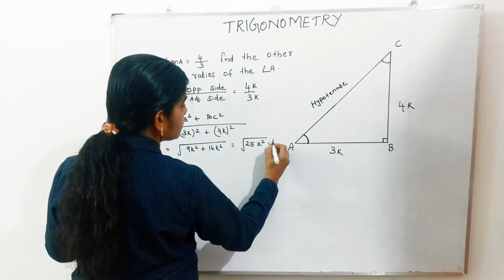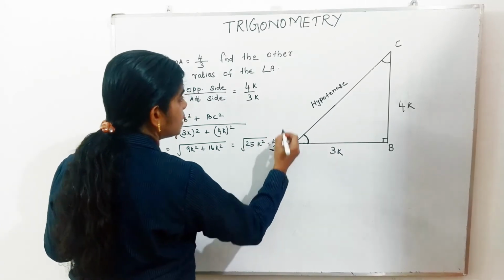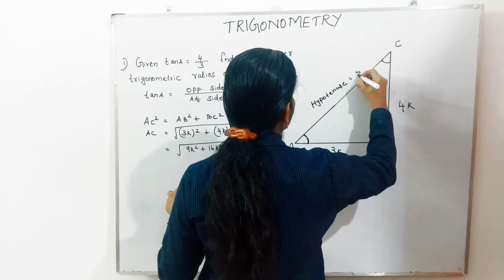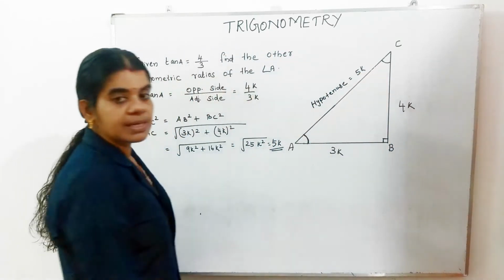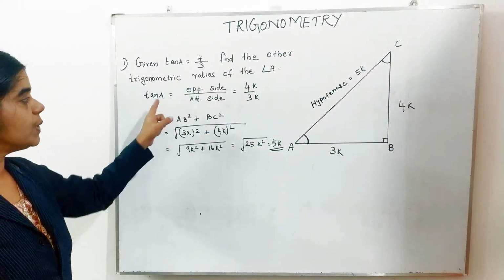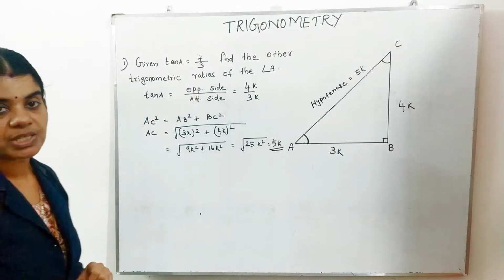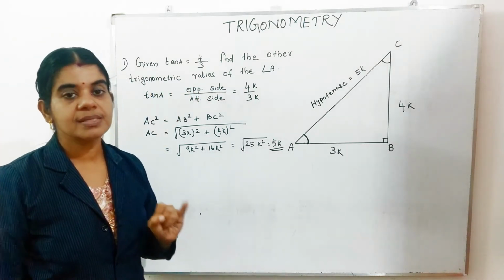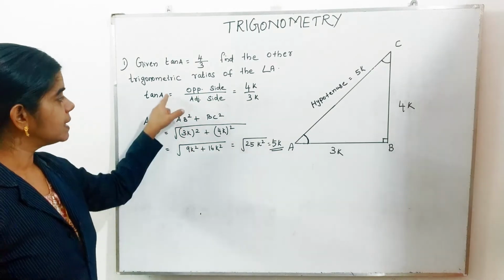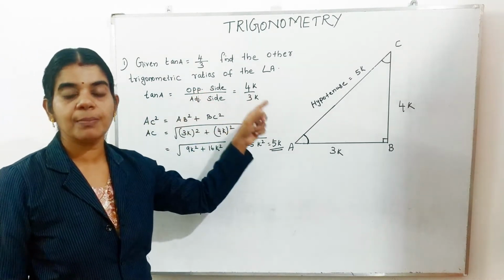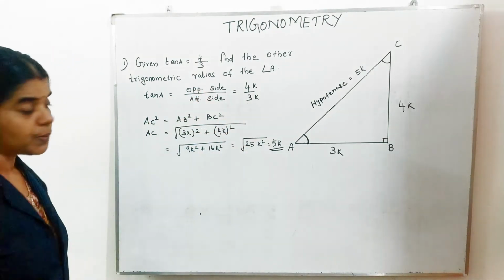Its root will be 5k. So the hypotenuse is equal to 5k. Then you got all three sides' measurements. Now you can write all the other trigonometric ratios. You already know that there are 6 trigonometric ratios. Tan A is already given, so the remaining 5 trigonometric ratios you want to write.